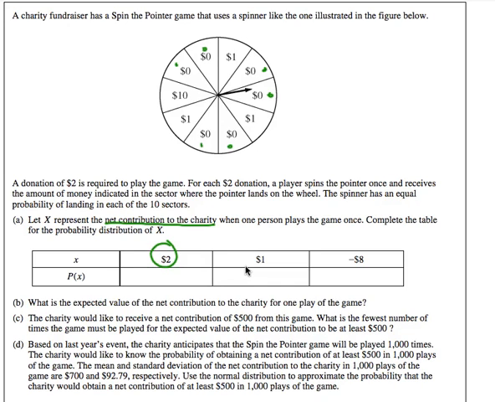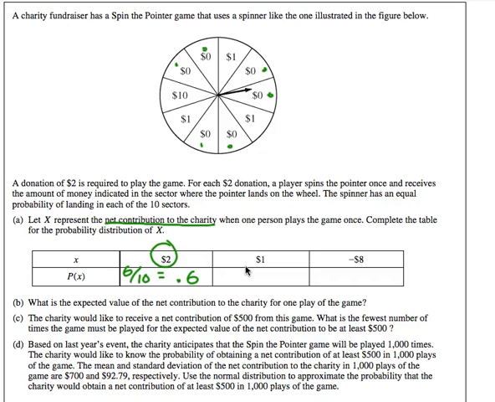So it means that the person got a 0. How many zeros are up there? Well, I count 6 out of the 10 sectors. So the probability is 6 out of 10, or 0.6, that the charity gets to keep the $2, because the person won nothing.